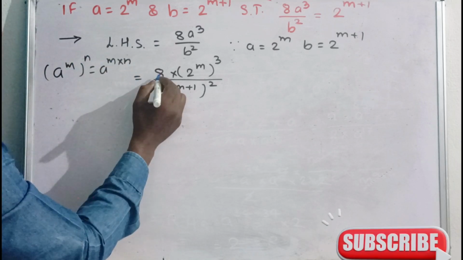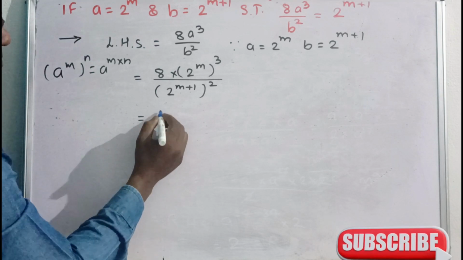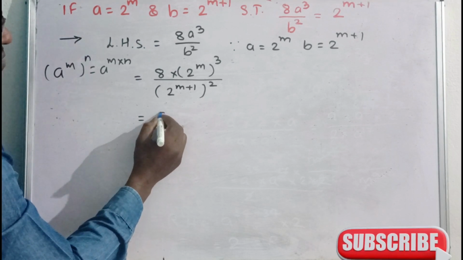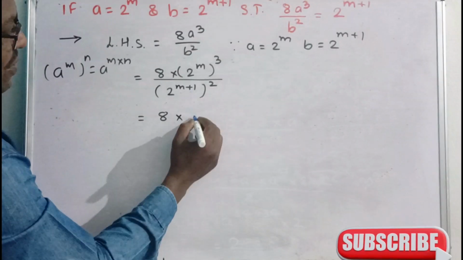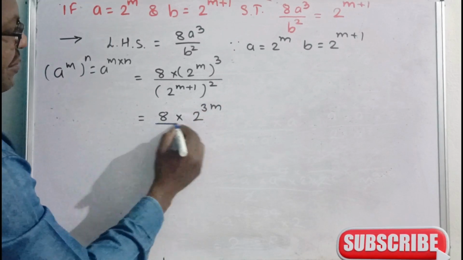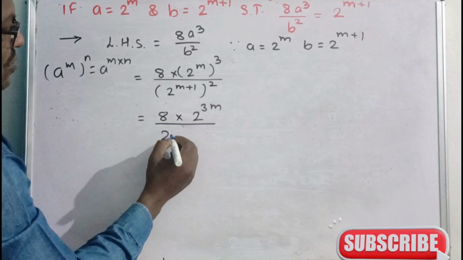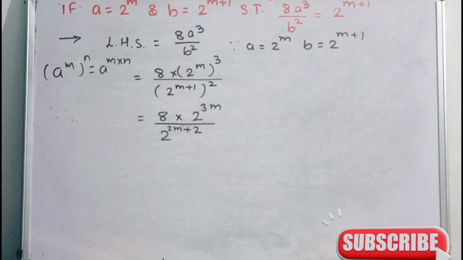Now this is 2 raised to the power 3. Keep it, no problem, it will get cancelled, into 2 raised to the power 3m divided by 2 raised to the power 2m plus 2.